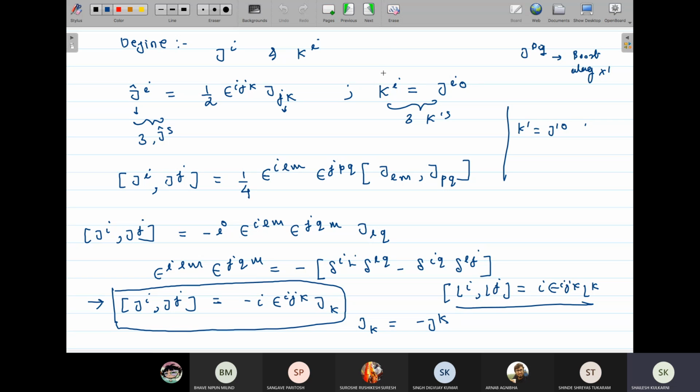So these are basically boosts. And this part, you will see that this is actually a rotation. From the algebra, you can already see that. [J i, J j] is J k. So this algebra is the same as your angular momentum algebra.